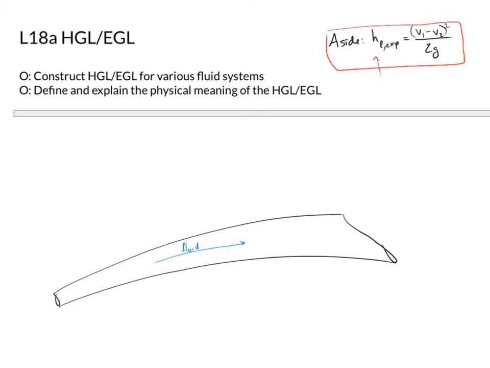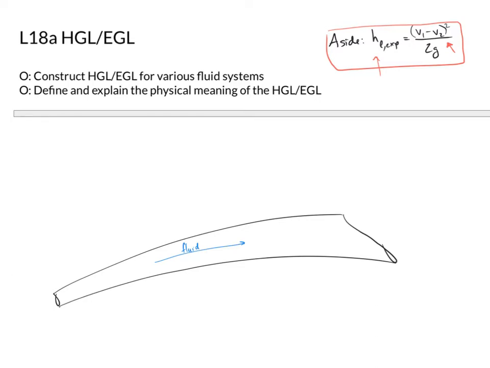A lot of times, if it's expanding into something really, really large, then V2, the velocity on the other side of the expansion, will go to 0. So a lot of times this will be V1 squared over 2g. But in general, just record that because that may show up somewhere. I'm assuming that it will.